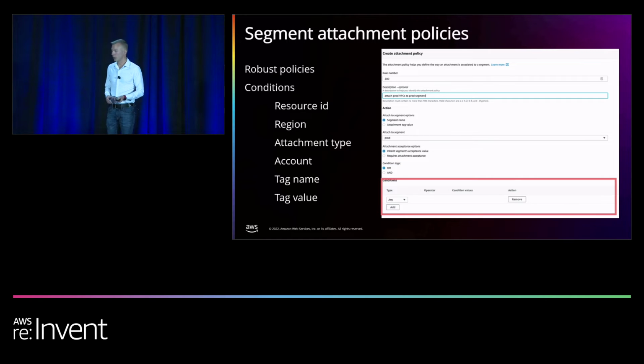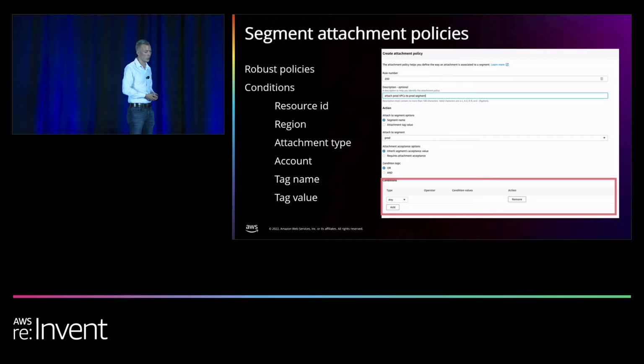Some of the conditions you can use, there's the resource ID. If you really wanted to, you could explicitly say, this VPC ID and this VPN ID. Probably lose some of the utility of Cloud WAN if you do that, but that's certainly an option if you need to. You can specify regions and say all attachments in this region must be attached to this segment. You can choose attachment types.